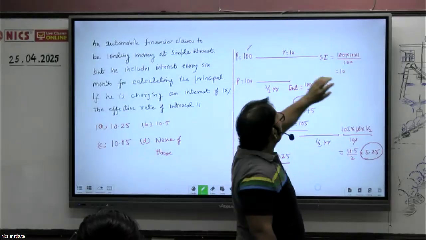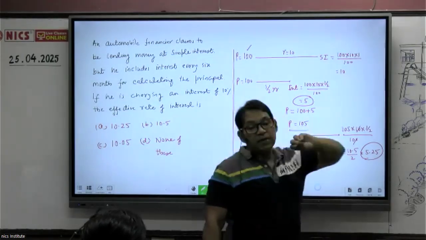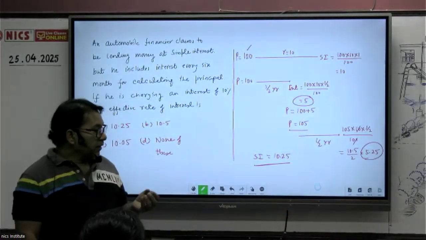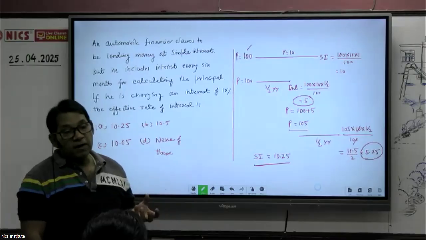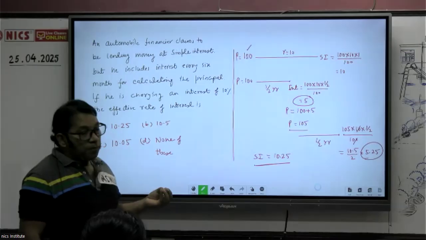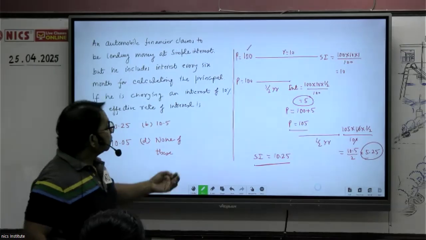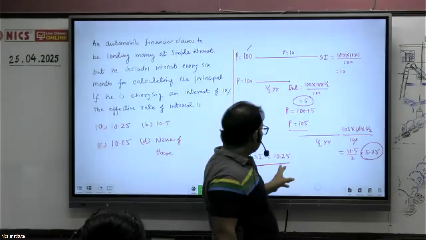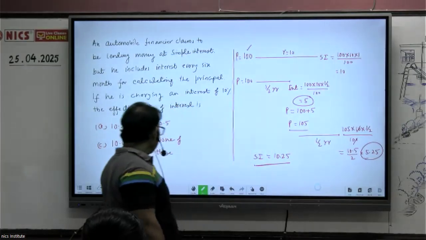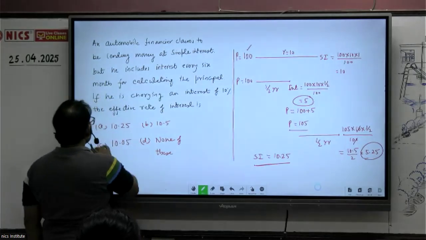See, on 100 rupees, if the simple interest is 5 rupees, that means rate of interest is 5%. If on 100 rupees simple interest is 20 rupees, the rate of interest is 20%. So on 100 rupees, simple interest is 10.25. That means effectively, the rate of interest is 10.25%.